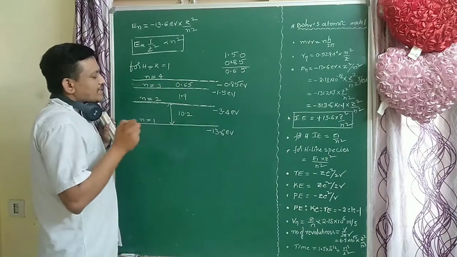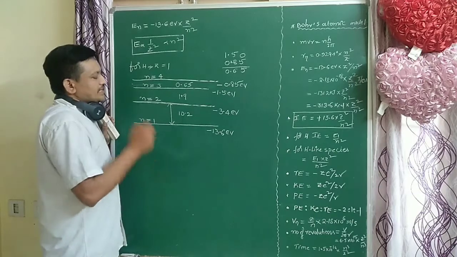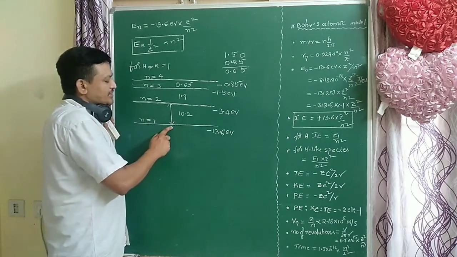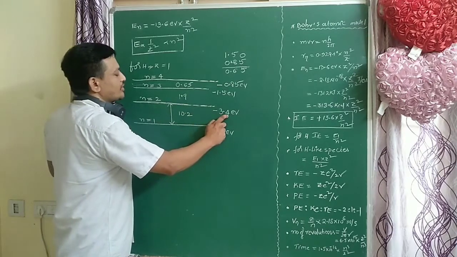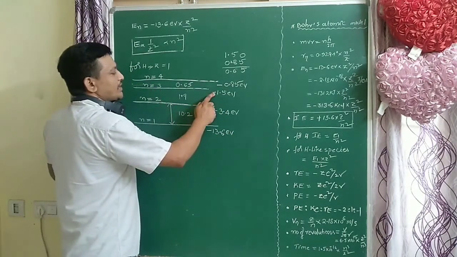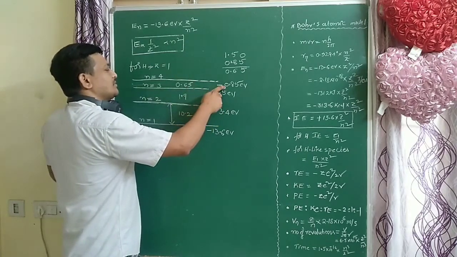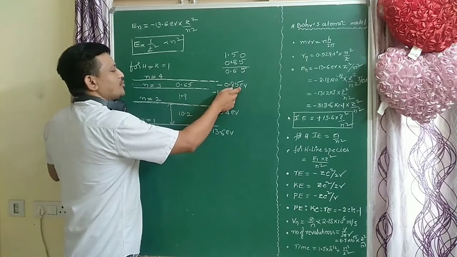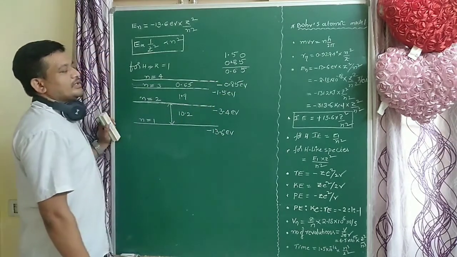So what is the energy of the first excited state of hydrogen atom? This is not the first excited state. This is the first excited state: minus 3.4. Second excited state minus 1.5, third excited state minus 0.85.